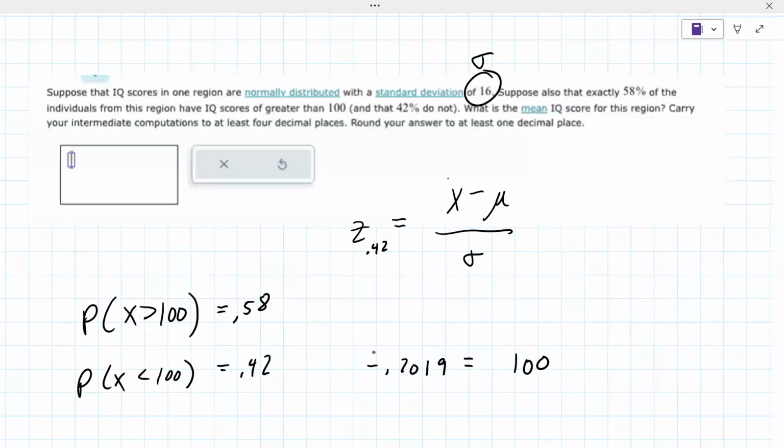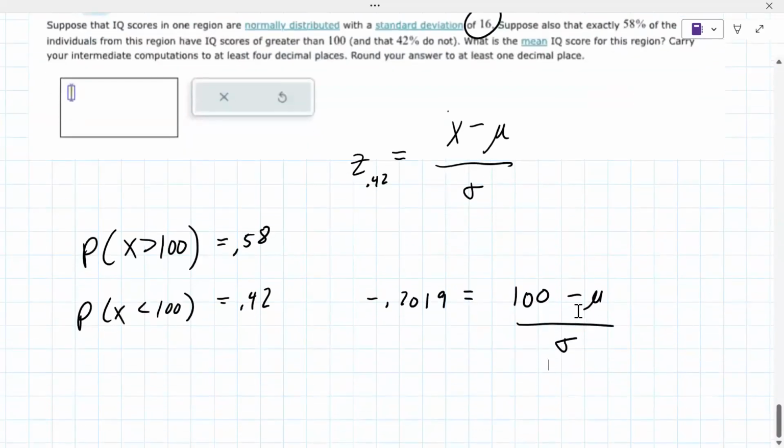And then your x is 100, and then we're trying to find this mu. To solve for mu, which we're looking for, and sigma is actually 16 here, it ends up being 100 plus 0.2019 times 16.